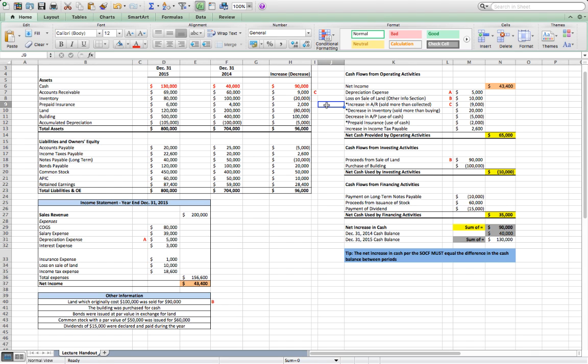Next, we focus on inventory. So, from year to year, there was a $20,000 decrease in inventory. And what this represents is that you sold more product than what you were buying. So, because of that, you selling more product than what you bought, that means you're collecting more cash than what you're spending.